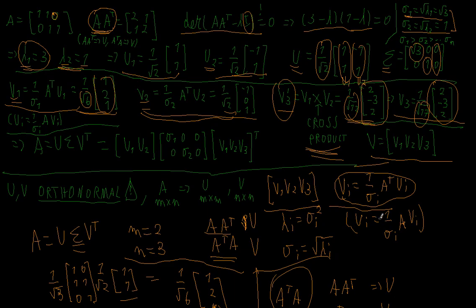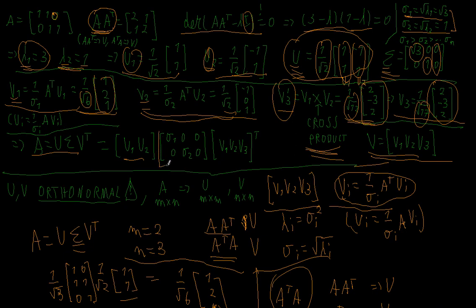Yes, so I have my matrix V, I have my matrix U, I have my matrix sigma. So now I can write A is equal to U sigma V transpose. So the matrix U has the eigenvectors U sub 1, U sub 2. So here's the matrix sigma, so we have sigma sub 1 and sigma sub 2, and the rest is filled in with zeros.